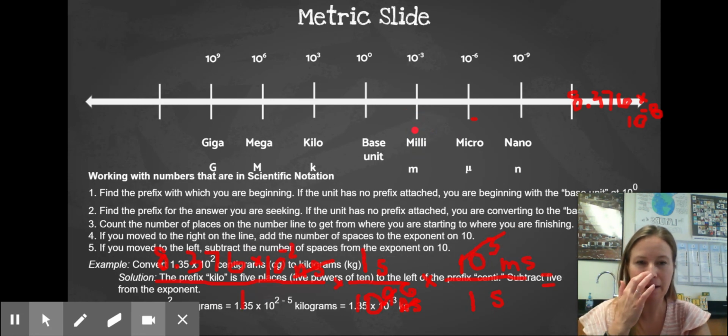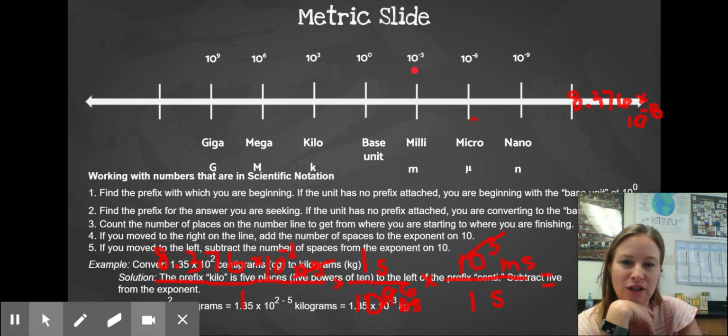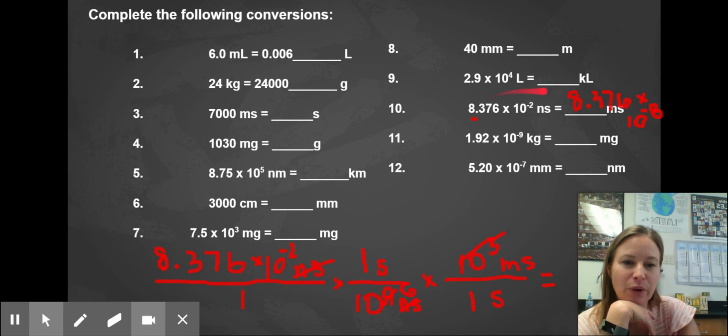And the powers of 10 change by 6, 10 to the negative 9, 10 to the negative 3. So I'm going to move 6 places to the left, which means the number gets smaller, which means I'm going to subtract 6 from my exponent. So negative 2 minus 6, and I will get negative 8. I will get the same answer in a shorter amount of time.